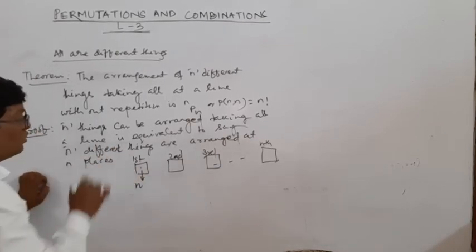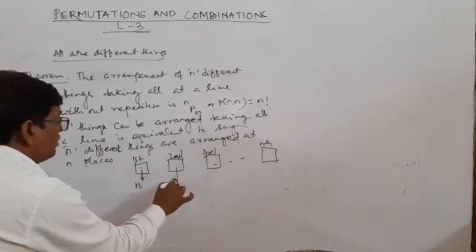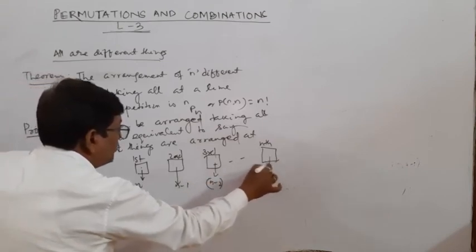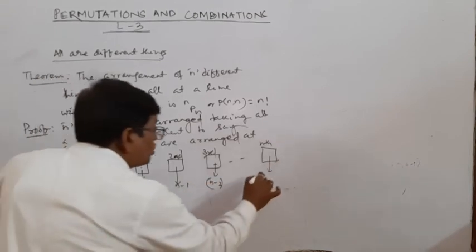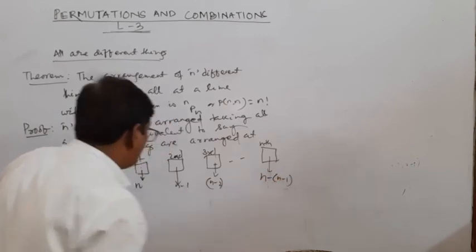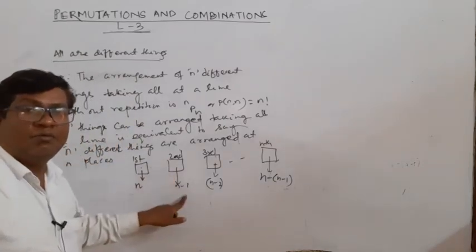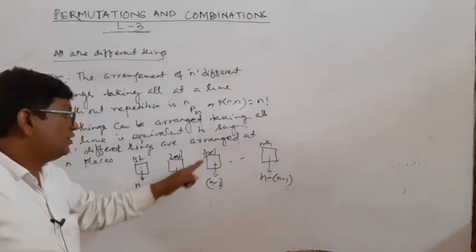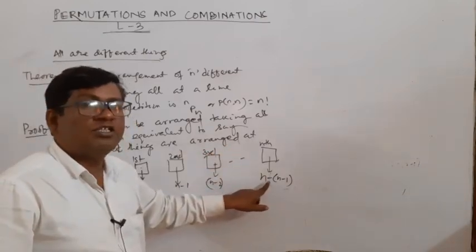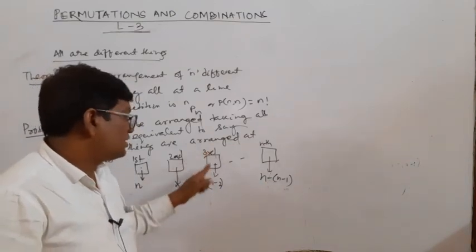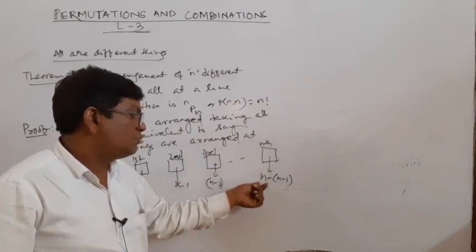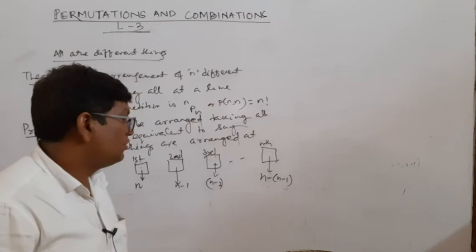One is used, so the remaining is n minus 1 for the second place, then n minus 2 for the third, and so on, until for the nth place it will be 1.